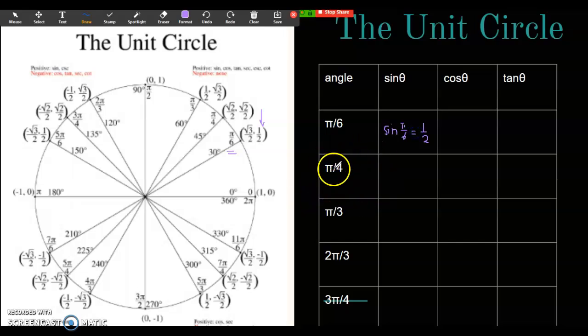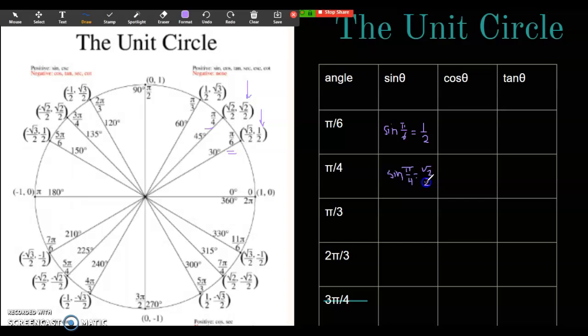The next one, I'm going to find the sine of pi over 4. Remember sine is the y, so I go to pi over 4 on the unit circle. I look for the y value for its terminal point, which is radical 2 over 2. And so I know that the sine of pi over 4 is radical 2 over 2.